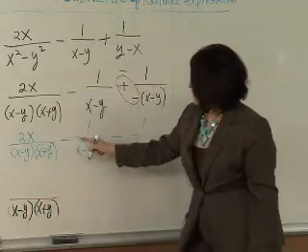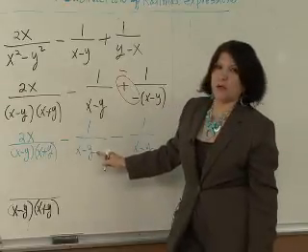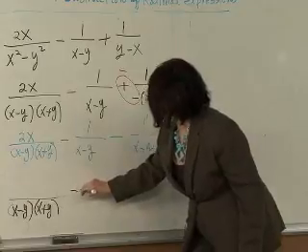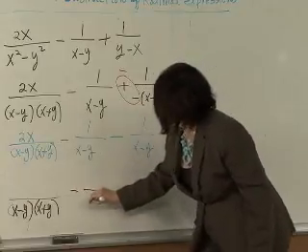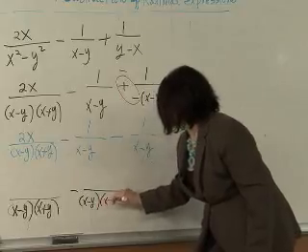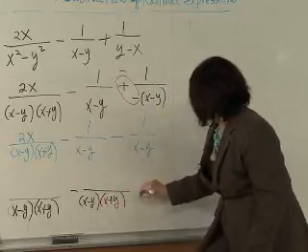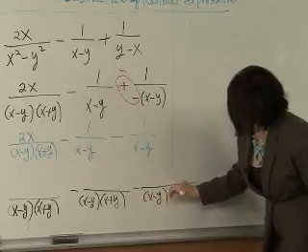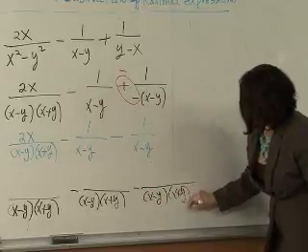And notice that this contains the x minus y denominator, so it's right here, and it contains this one. So that's my LCD. I'm going to put the LCD for all of them, because all of them should have the same denominator, minus x minus y times x plus y.